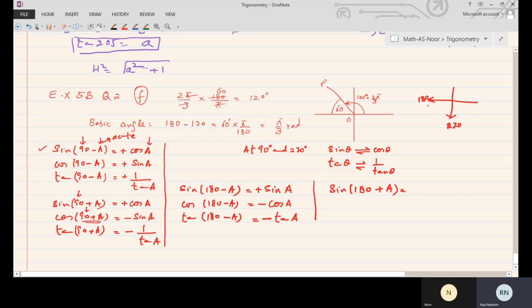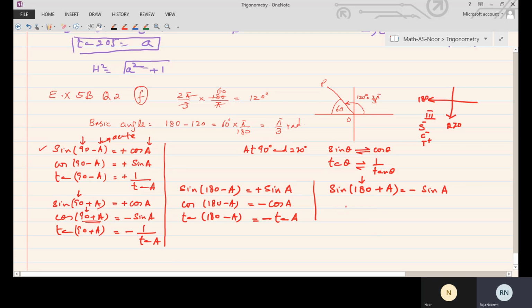So any angle which lies between 180 to 270 would lie in the third quadrant. In the third quadrant we know that sine is negative, cos is negative, tan will give you a positive answer. So you'll take the sign according to the quadrant, and at 180 degree there is no change with sign, so it will give you minus sine of angle A.